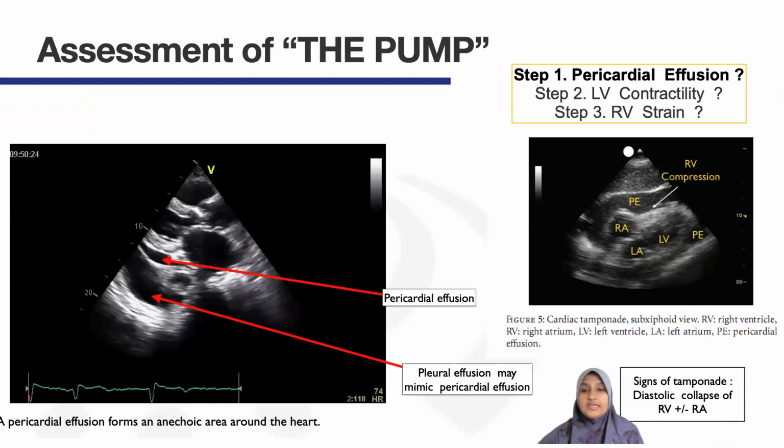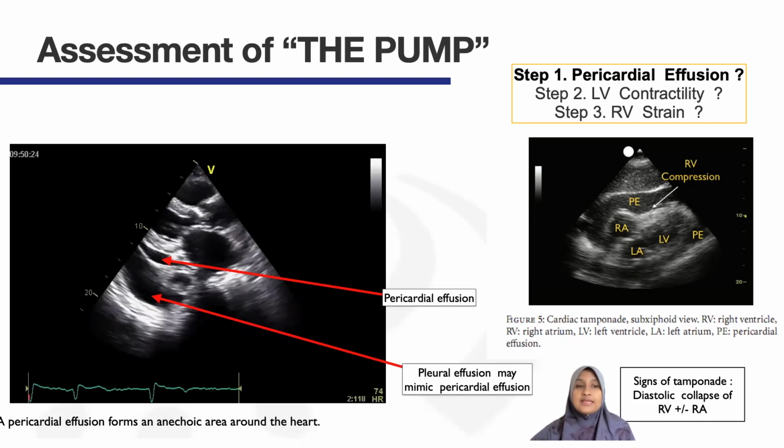So as you can see, the first step of assessment of the pump is actually to see whether there's any pericardial effusion. This is again the long axis view of the heart. You can see the left atrium, the left ventricle, LVOT, and right ventricle.